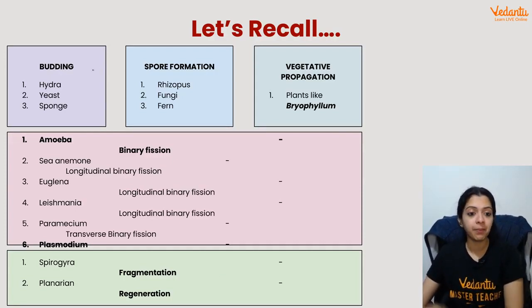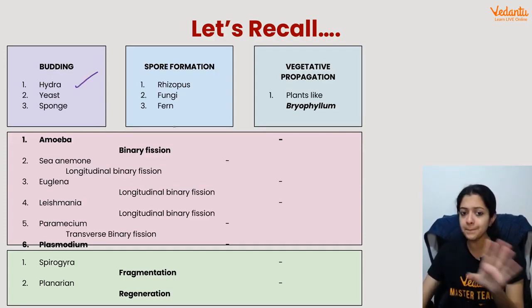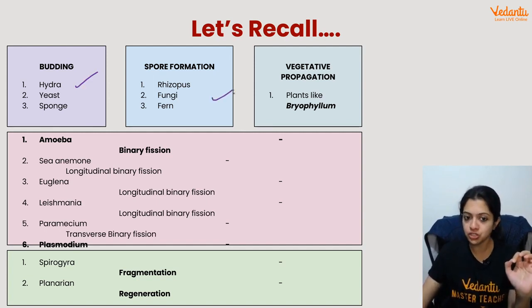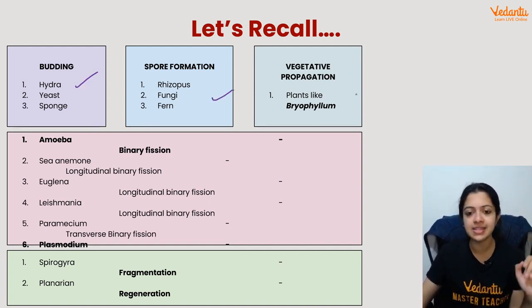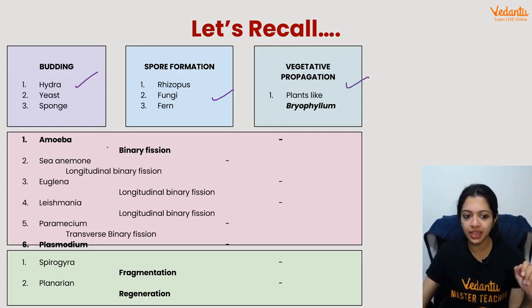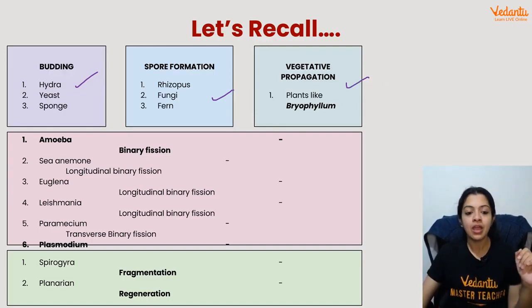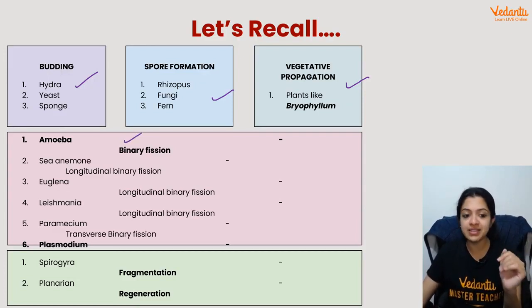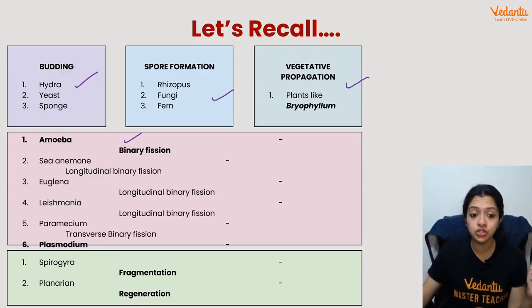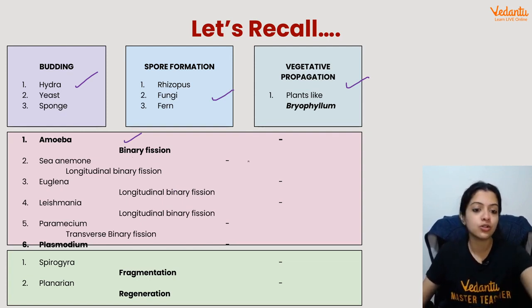Methods of asexual reproduction, including budding, spore formation, look at their respective examples as well, vegetative propagation, and then the different modes of asexual reproduction like binary fission. The different subtypes of binary fission, like longitudinal and transverse, are also mentioned here.